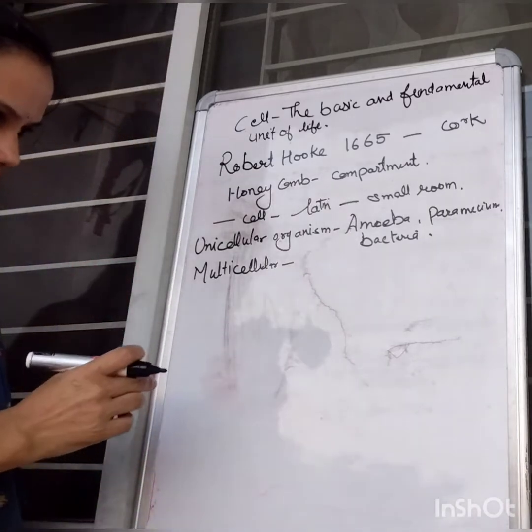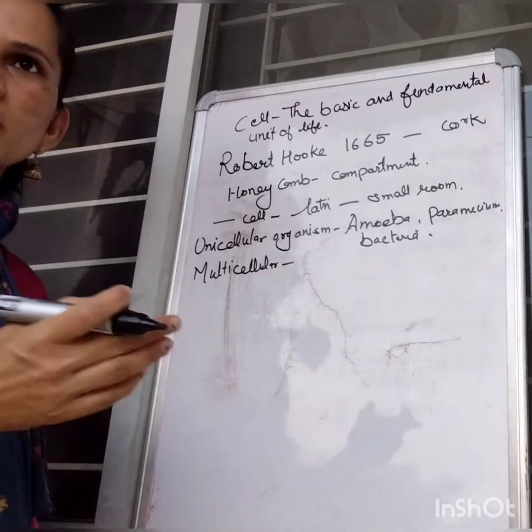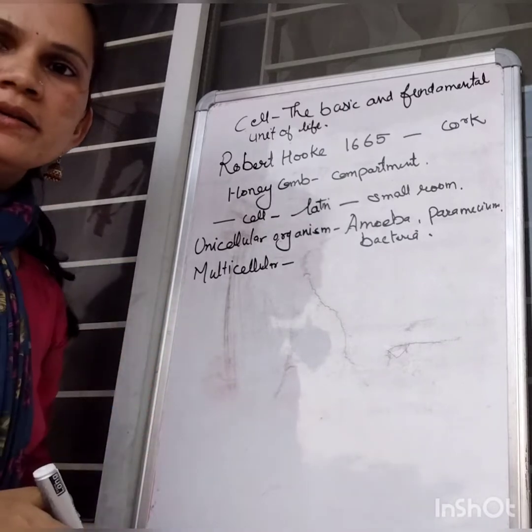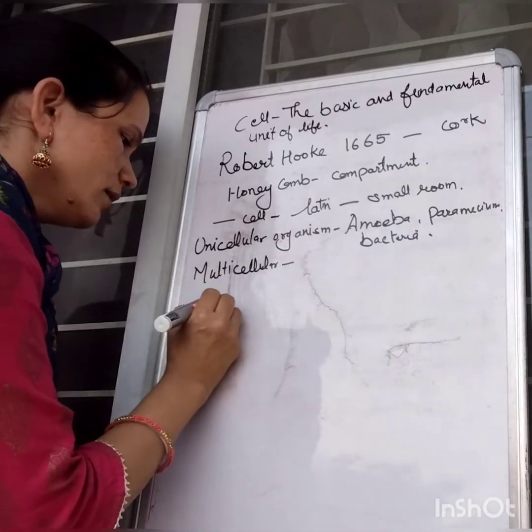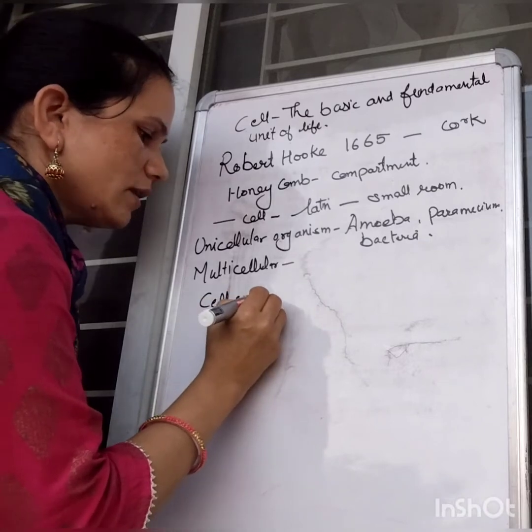Each cell comprises certain components inside it, and these components are known as cell organelles.